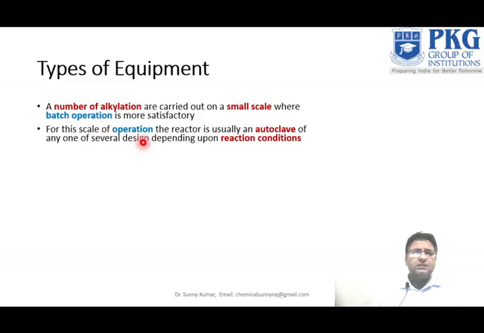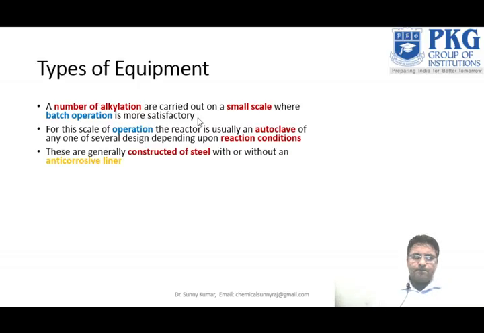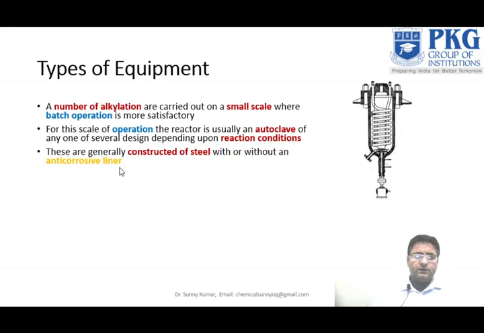For this scale, the reactor is usually an autoclave, of any one of several designs depending upon the reaction conditions, what the temperature and the pressure are. They are generally constructed of steel with or without an anti-corrosive liner. This is a design of the instrument, which is an agitated, internally heated autoclave.